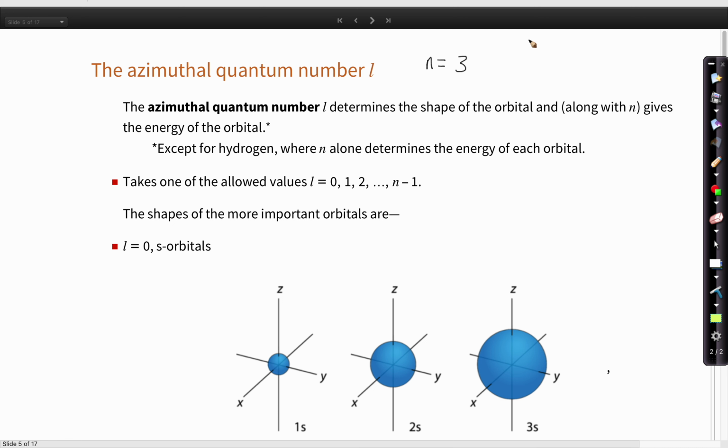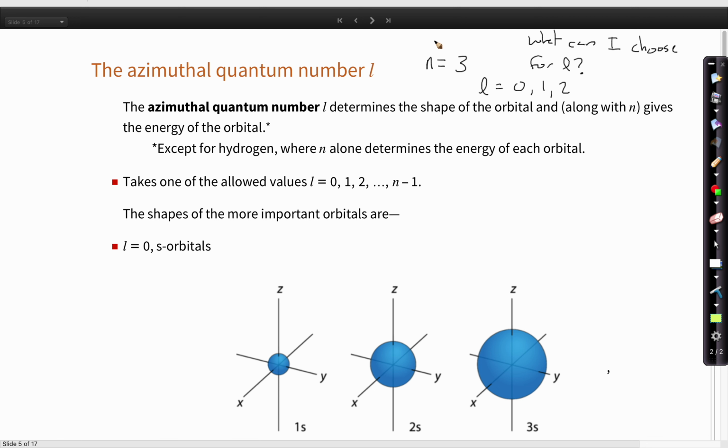And then I could ask the question, what can I choose for L? And so the allowed values of L here will be, well, we start with 0, 0, 1, 2, but 2 is n minus 1. N is 3, 3 minus 1 is 2. So this is as far as I can go if n equals 3.